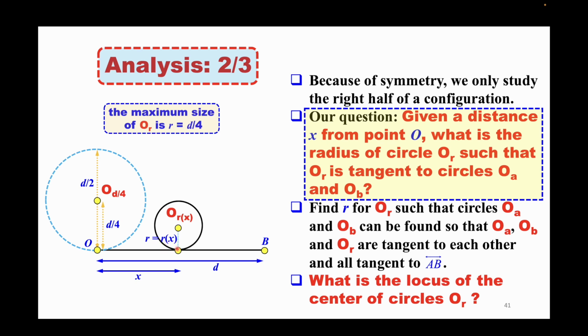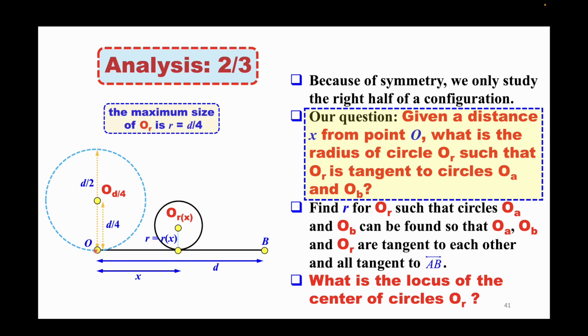What does this X mean? X is the distance from the midpoint O to a tangent point. And the distance here is X. So if a configuration of OA and OB exists, there will be a circle OR.